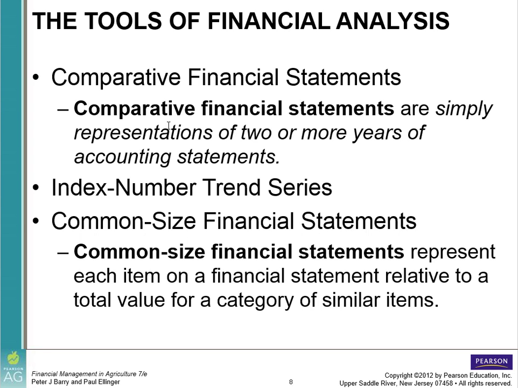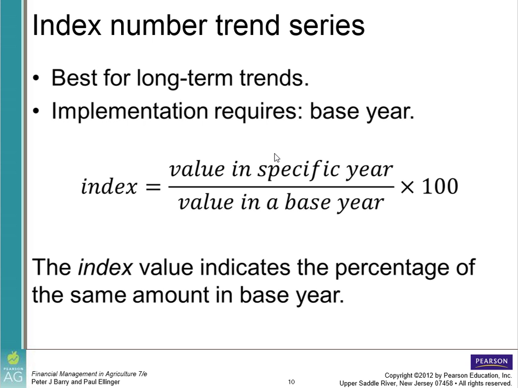Okay. And to understand that, let's take a look at this idea of an index number. So, index number trend series is best for long-term trends, and an implementation requires a base year. So what do I mean by a base year? A base year is nothing but a year on which you make judgments about all other years.